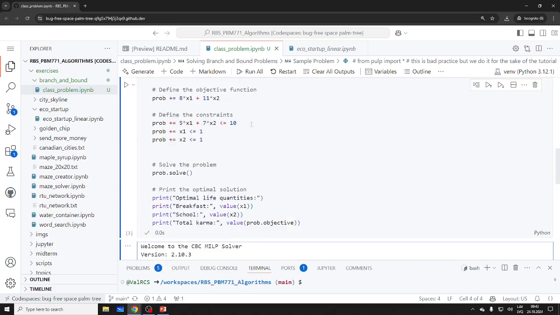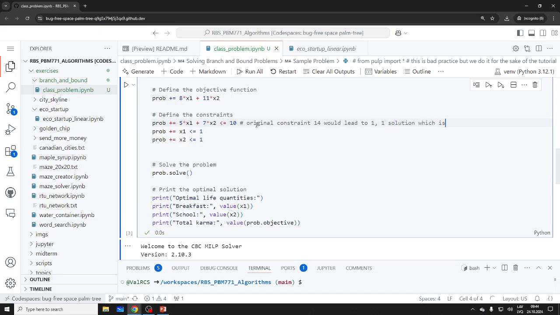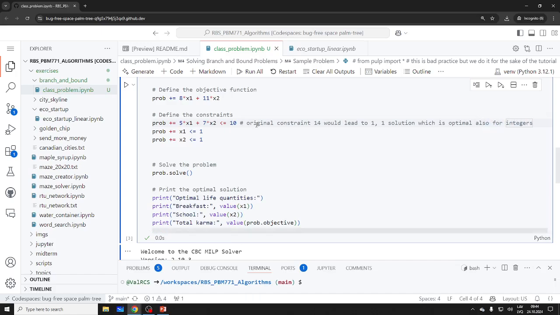Basically, I made the original constraint 14, which would lead to one solution that is optimal also for integers.